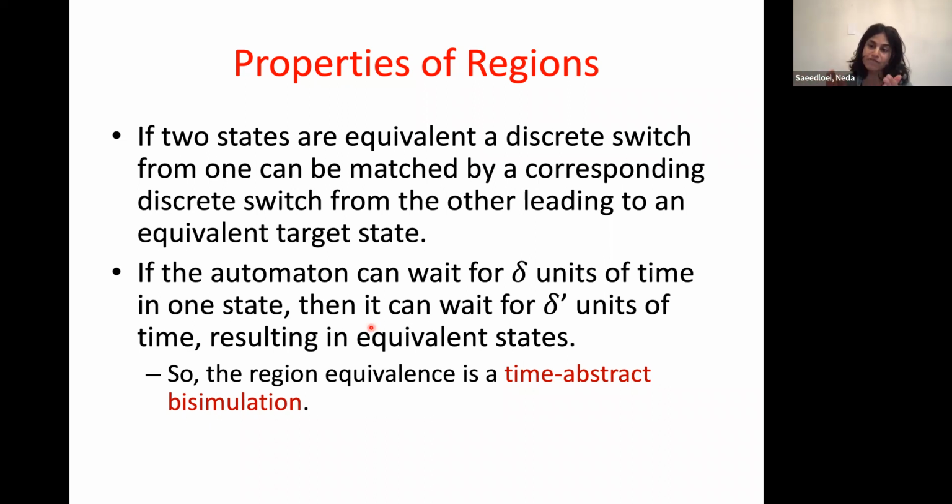And what happens to time actions? If the automaton can wait for delta units of time in one state, then it can wait for delta prime units of time, which results in an equivalent state. So this means that we have established the region equivalence, which is a time abstract bisimulation.